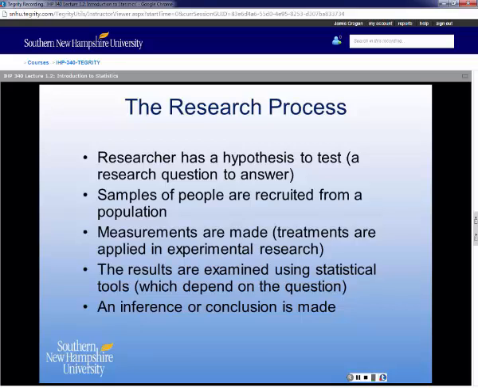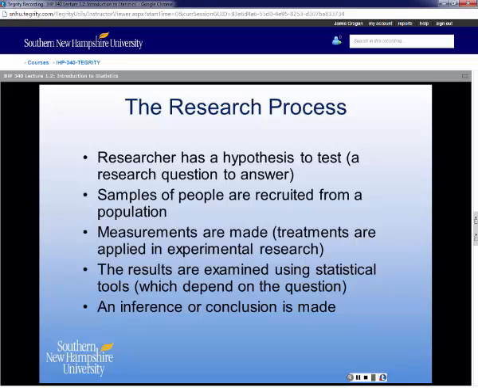Then measurements are made, or sometimes in experimental research, treatments are applied. The results are examined using the statistical tools which we will talk about in this class. Those tools often depend on exactly what that research question is, maybe what treatments were applied, how many experimental groups there were.